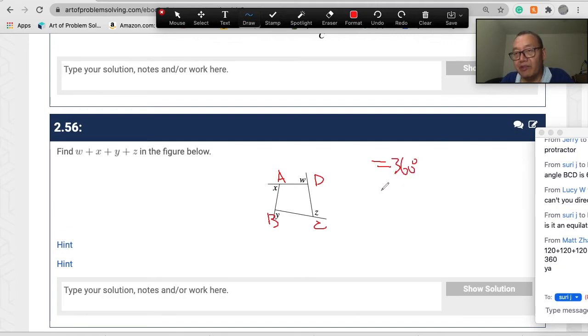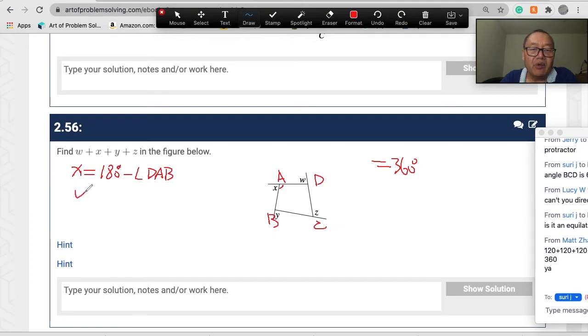So how to prove this? To prove this, you can do this. Write in a similar way. Write angle x. Angle x equals 180 degrees minus angle DAB, minus this angle A, right?